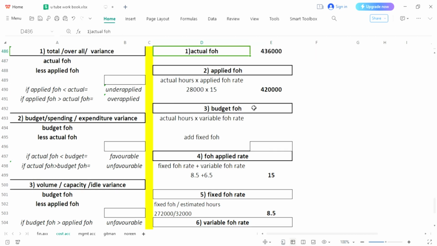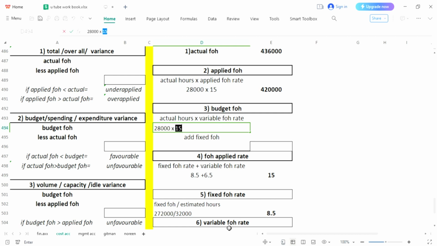First we have seen actual FH, which was given in the book. Then we have seen applied FH. By putting the formula, applied FH was calculated. It's time to calculate budget FH, for which we need actual hours. Actual hours are written over here, 28,000, and it is meant to be multiplied with variable FH rate.